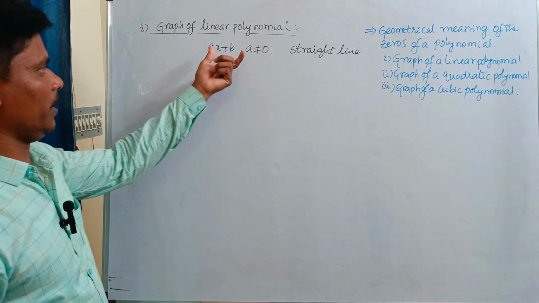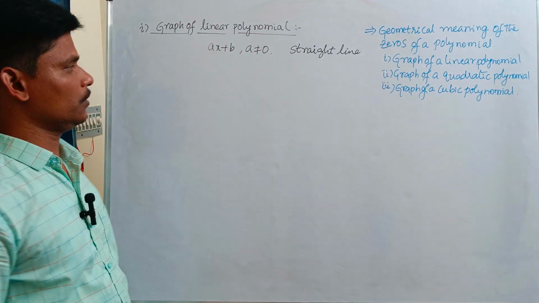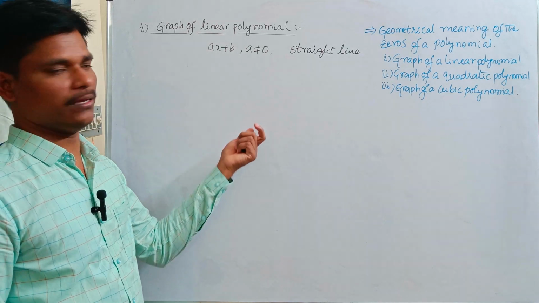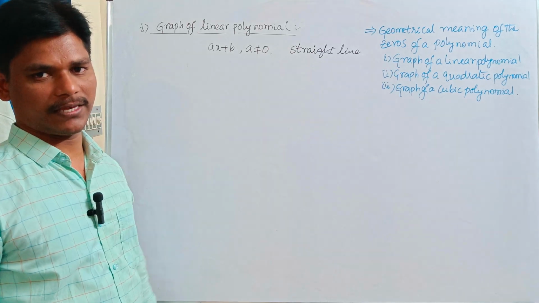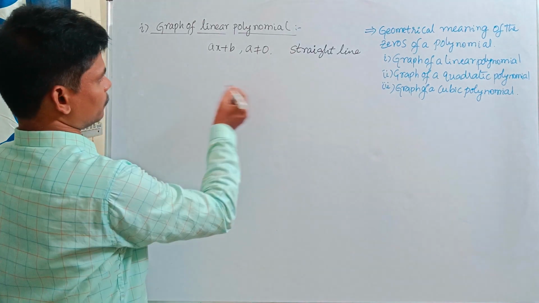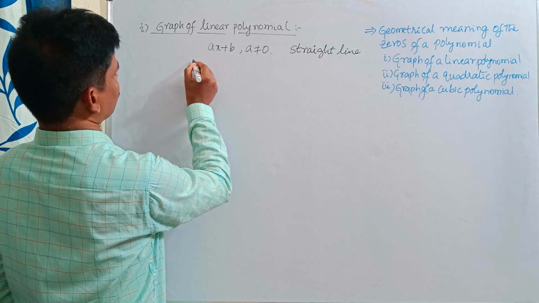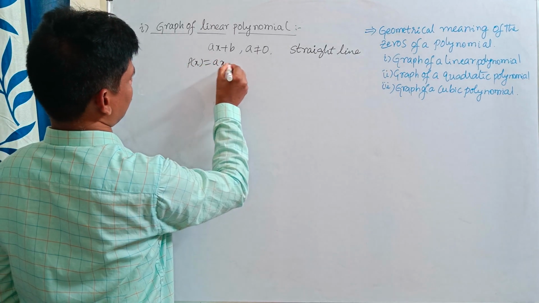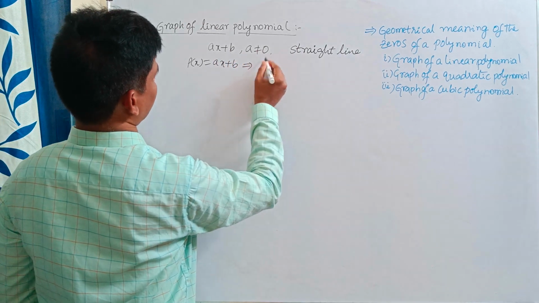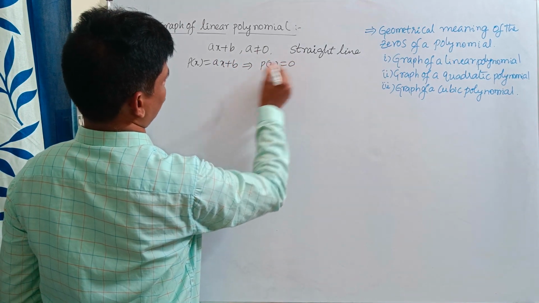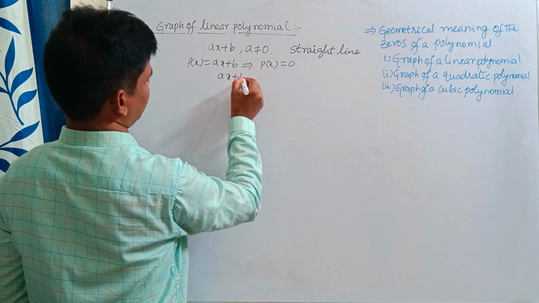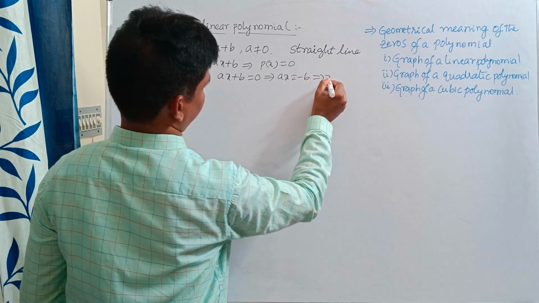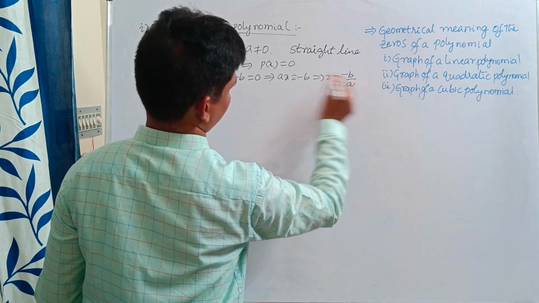This linear polynomial having degree 1 has exactly one zero. That is the x-coordinate of the point where the line intersects the x-axis. Suppose p of x is equal to ax plus b. Here p of x is equal to 0, so ax plus b is equal to 0, ax is equal to minus b, x is equal to minus b by a.